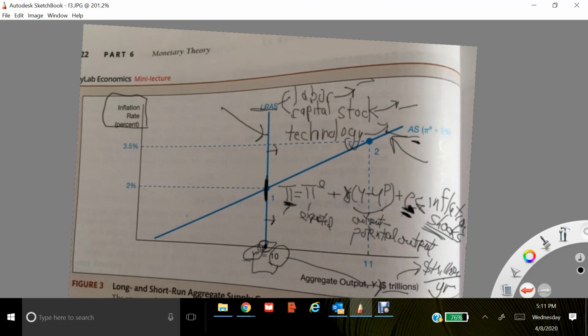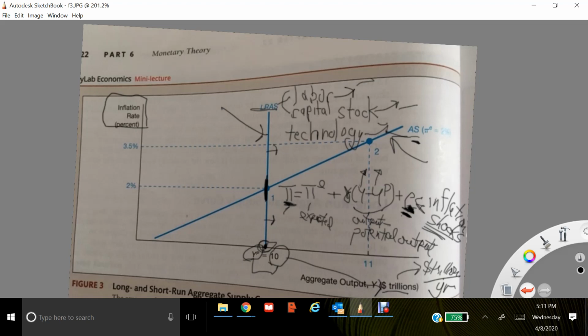If output, this is current output, Y without a superscript, is greater than potential output, how can output be greater than potential output? If the short-run output, for example, if you're operating factories at a level that's unsustainable over the long run, that's one reason you could have real output be greater than potential output.